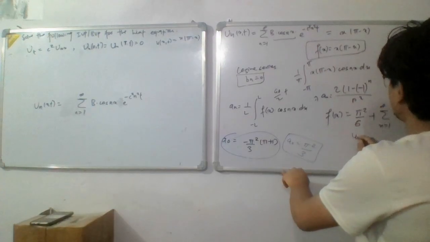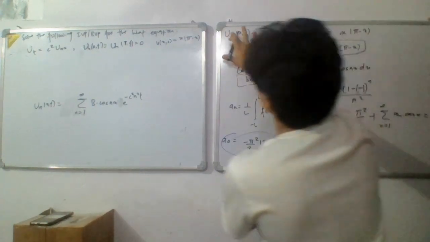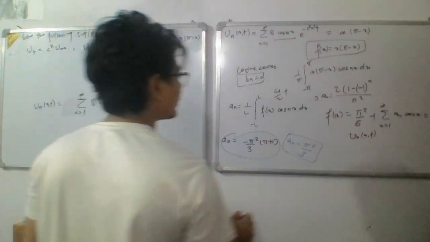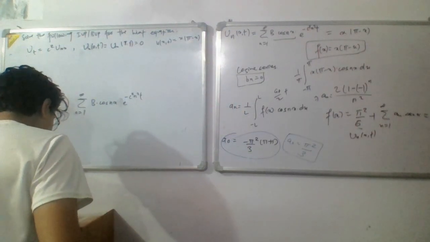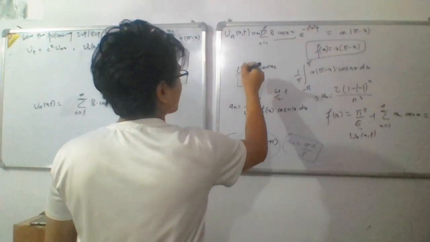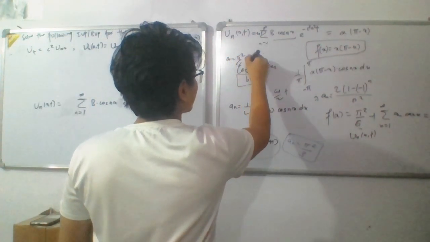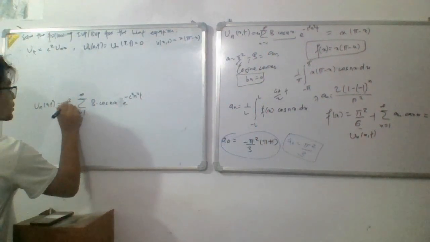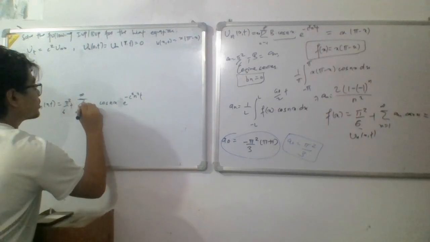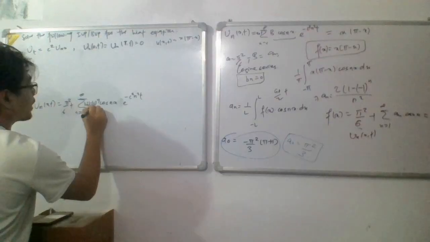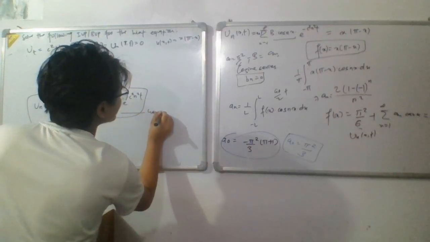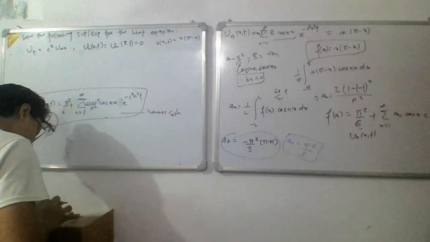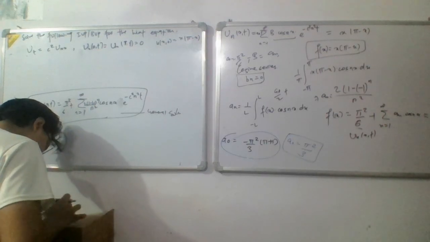That means we need to write pi squared by 6 in front, and in place of a n we need to write the thing we found. After adding pi squared by 6 and 2 times (1 minus (minus 1) to the power n) by n squared, this is what the general solution is, which accounts for all boundary as well as initial value problems. This is the general solution.